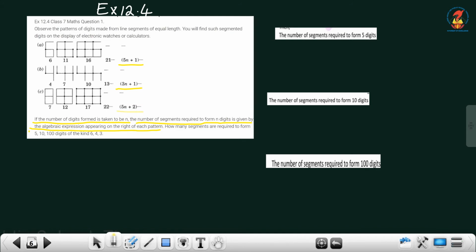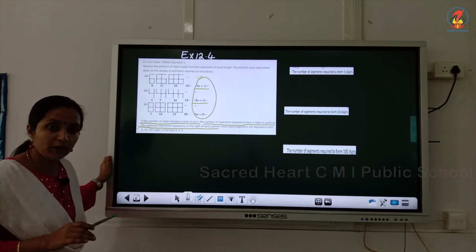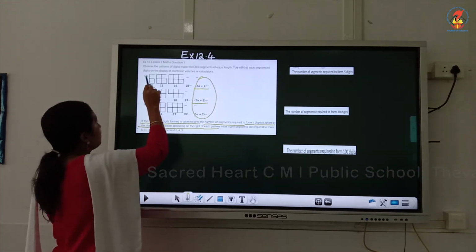What is given there in the question? Number of digits formed is taken to be n. The number of segments required to form n digits is given, the algebraic expression appearing on the right of each pattern. Okay. So what is the meaning of 5n plus 1? 5n plus 1 means number of line segments required to form n digits of this kind.